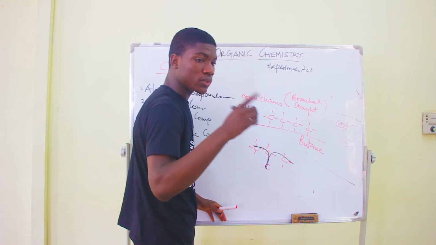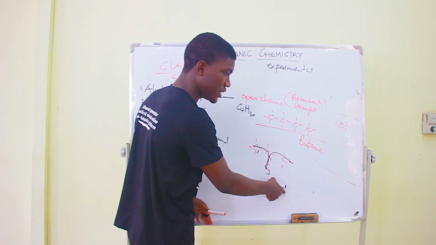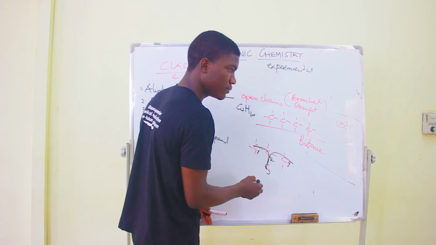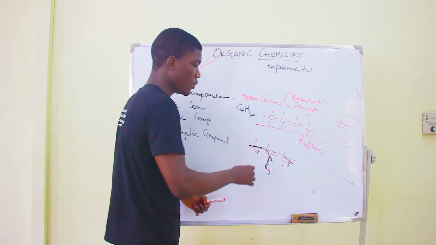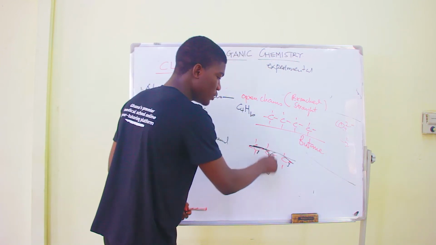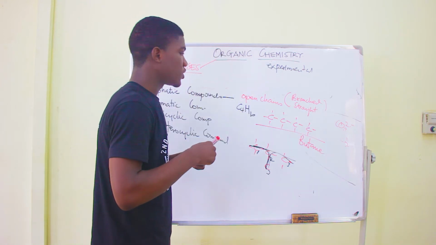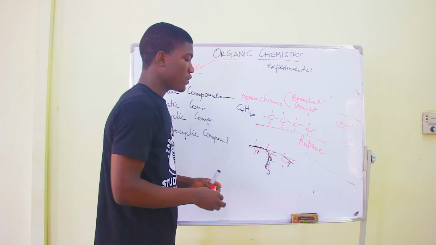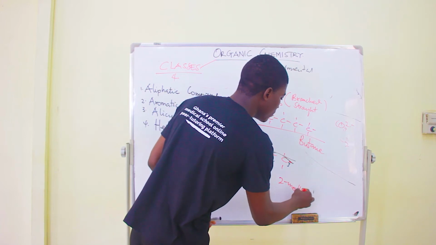We number the longest continuous carbon chain. So we can go 1, 2, 3. This can be our longest continuous carbon chain. We can also go 1, 2, 3. So in either way, what we call a branch can also be a straight chain. And so for the correct description, aliphatic compounds are compounds that are arranged in open chains. Okay, yes, and this is 2-methyl propane.